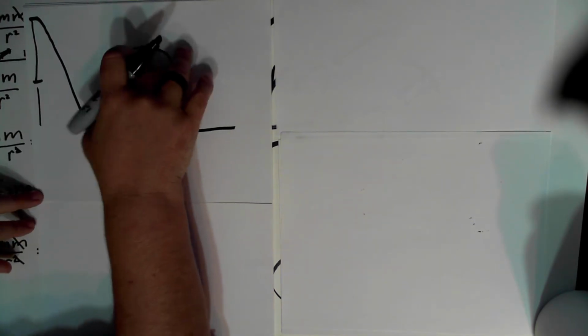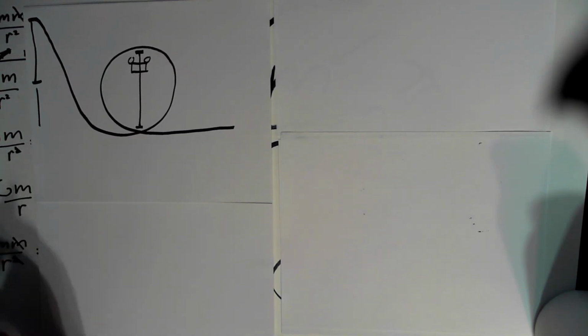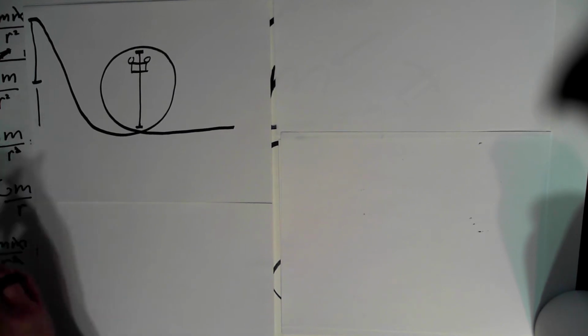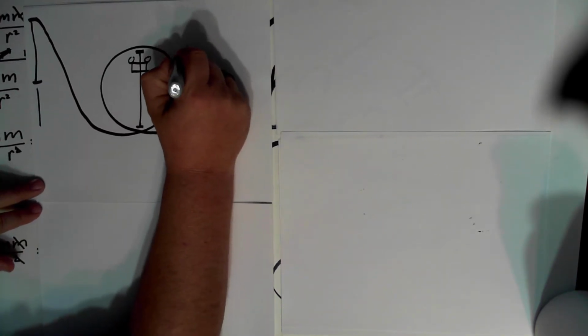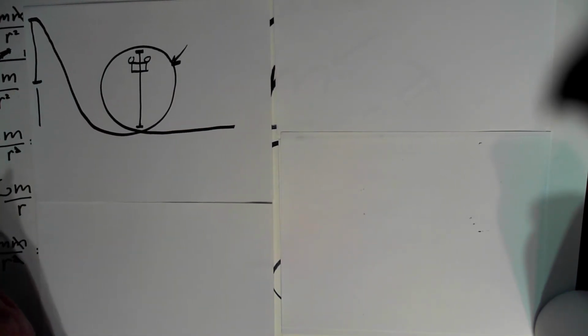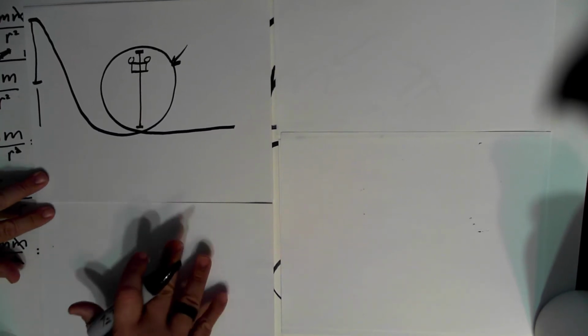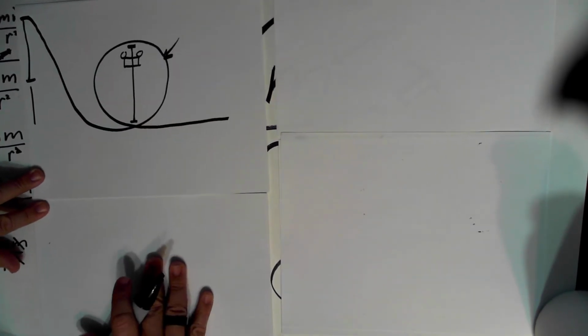But in order to do that, we need to figure out what is that point there, what is that height, what does that velocity need to be in order for that cart to still stay on the track. Now, hopefully, you see that it's a uniform circular motion problem, and unlike all the other uniform circular motion problems I've talked about, we've been left with this idea that velocity is constant.